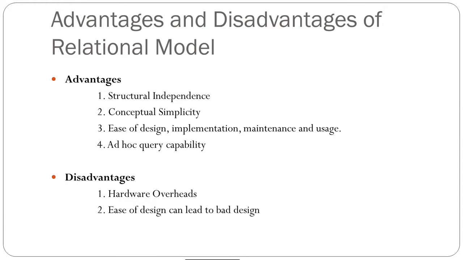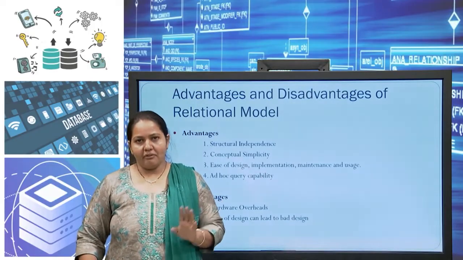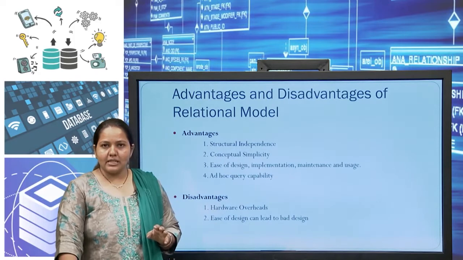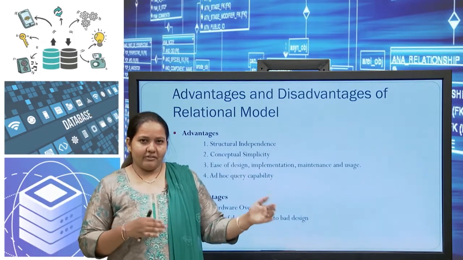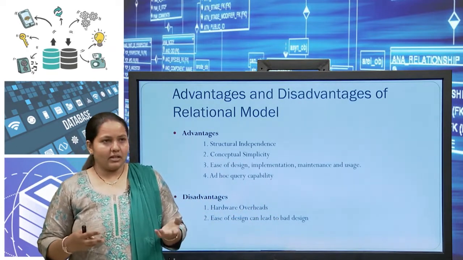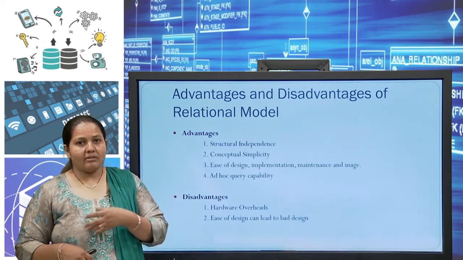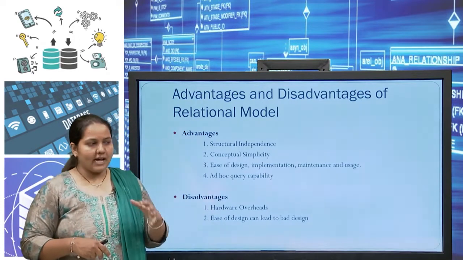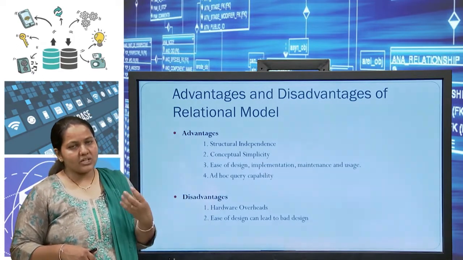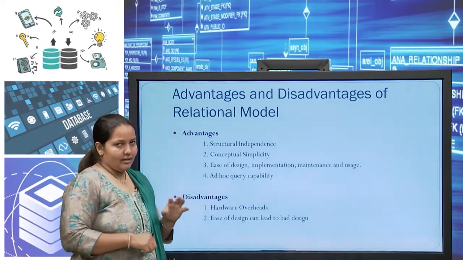First is structure independence: if you are manipulating the data, the structure will never be affected. Second is conceptual simplicity: when you define your data model with the different keys, the model becomes simple. You can add a supplier or remove a supplier without affecting other relations within your database. Third, ease of design: implementation and maintenance strategy are already defined with it, and it is easy to use.